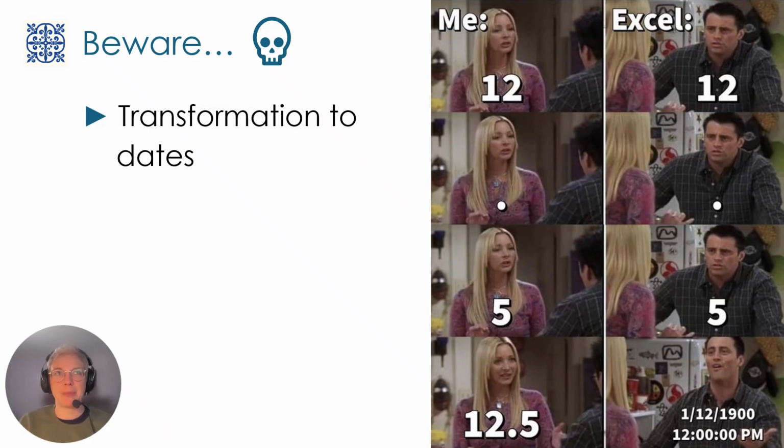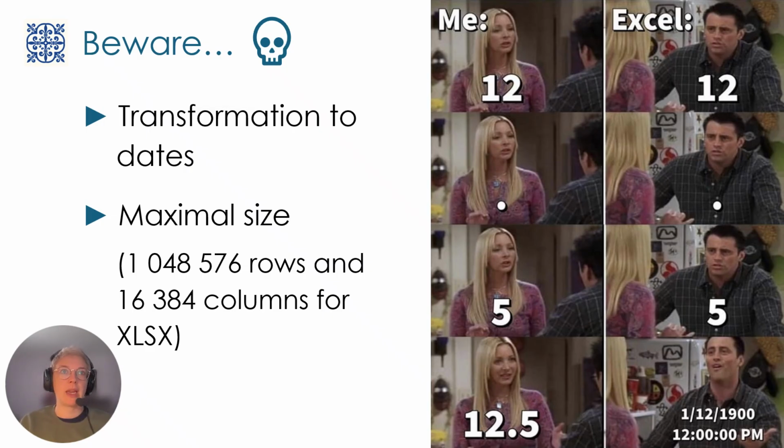There is a maximal size that you need to be aware of. Roughly 1 million rows and 16,000 columns for the XLSX file format. You might be saying, I'm never going to reach that, but sometimes this is quite a surprising thing when it happens.